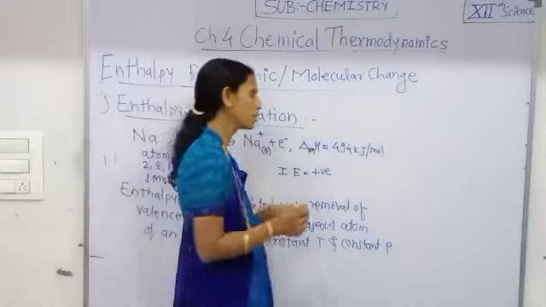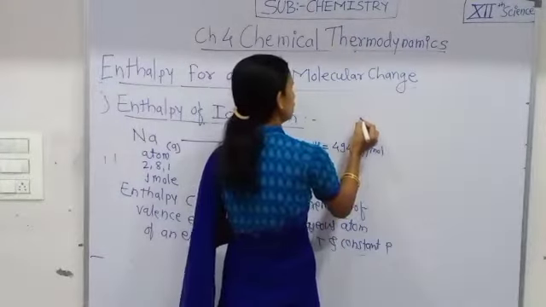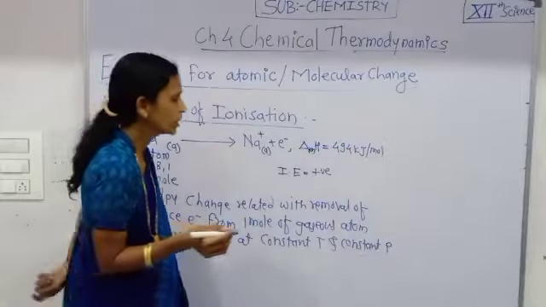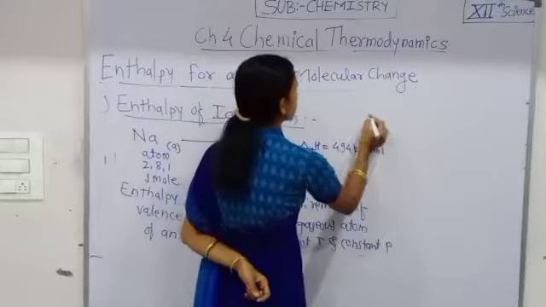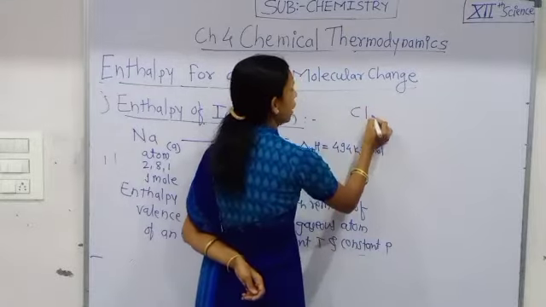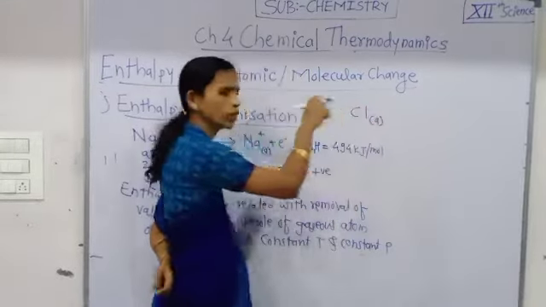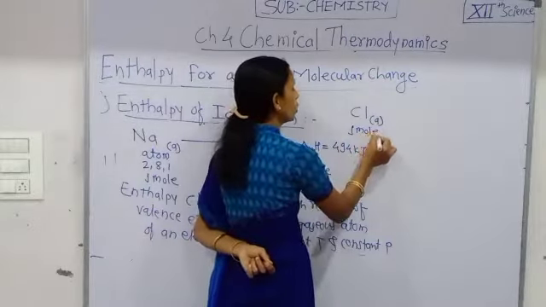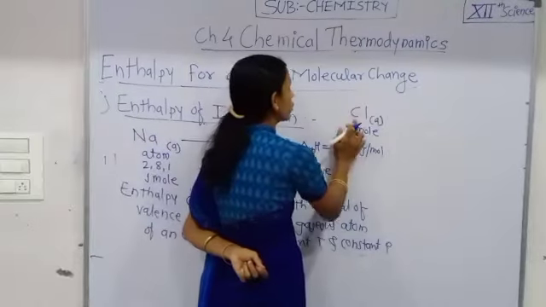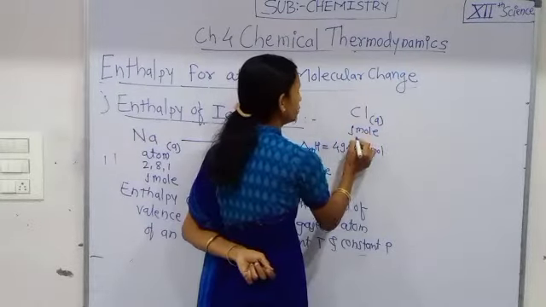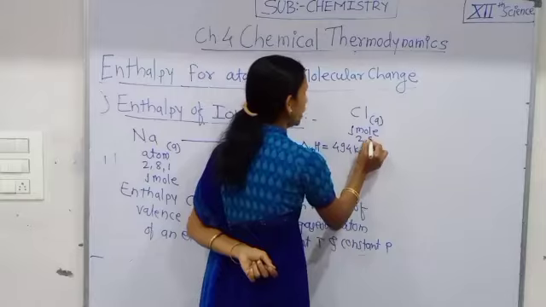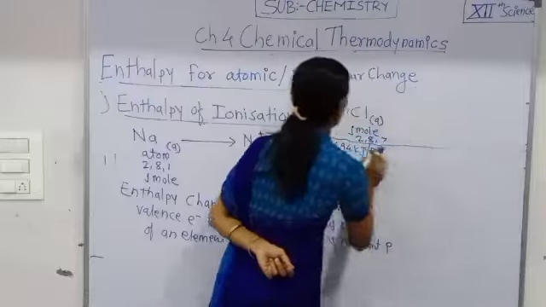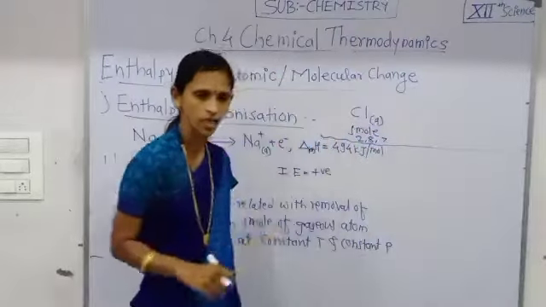See one more example related to this. Suppose a Cl atom, also in gaseous state, of 1 mole. The electronic configuration of that Cl atom is 2, 8, 7, and here 7 valence electrons are there.